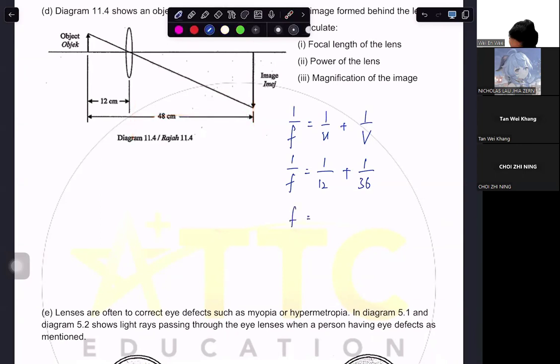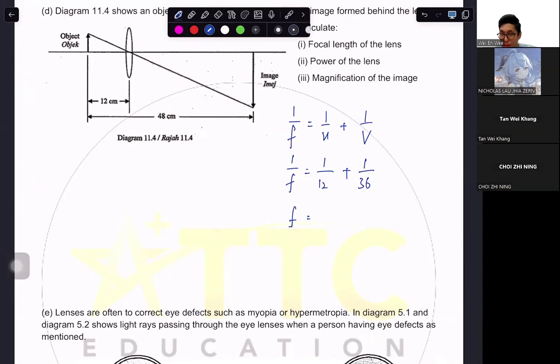Okay, so can you calculate what is f for me? What you calculated, 0.11, right? It should be 1 over f.